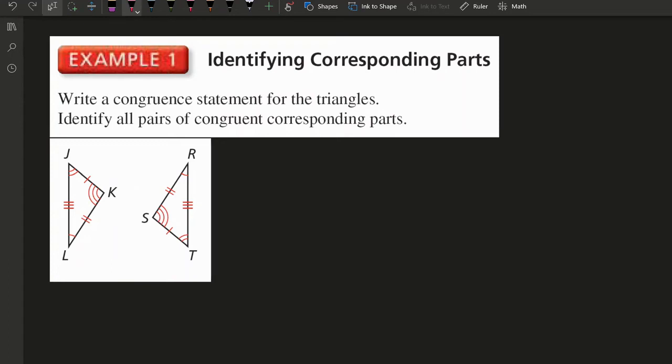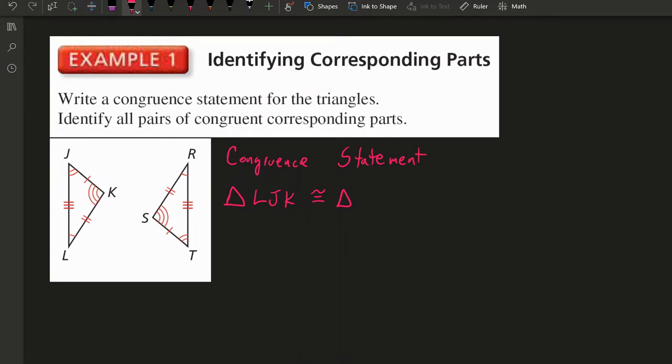So the first thing that I want to do is write the congruent statement. Now, there are lots of different correct ways that we can do this, but I want to say that triangle LJK is congruent to another triangle. Now, I have to be careful here because if I say triangle LJK, I have to go in the exact same order on the other triangle.